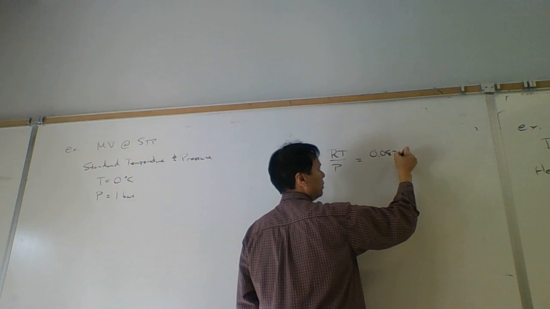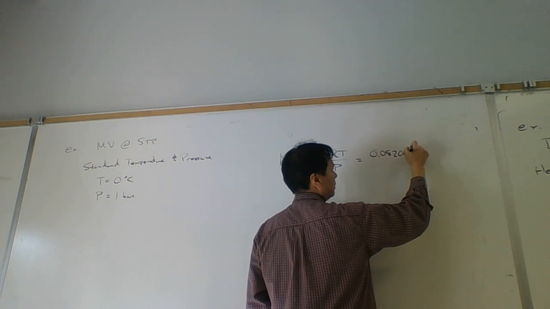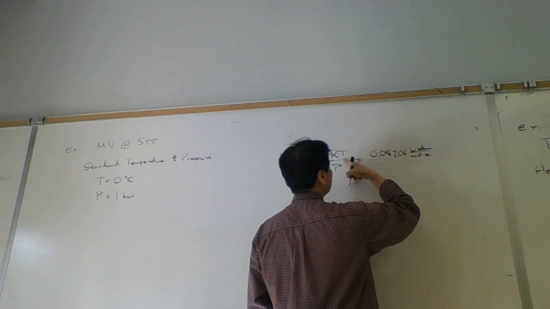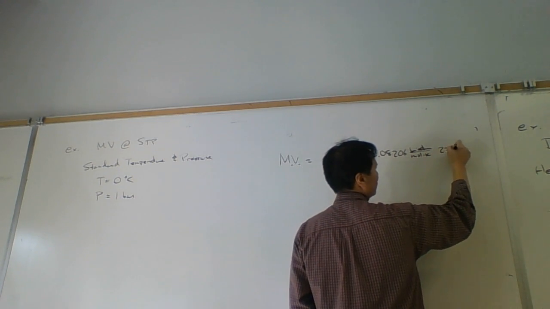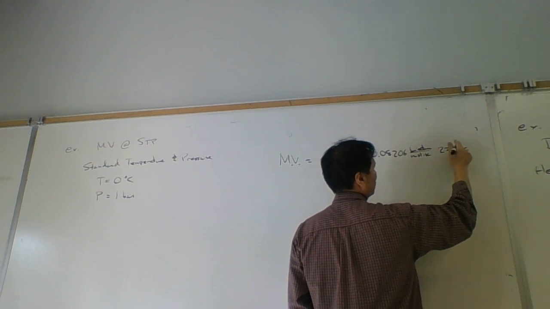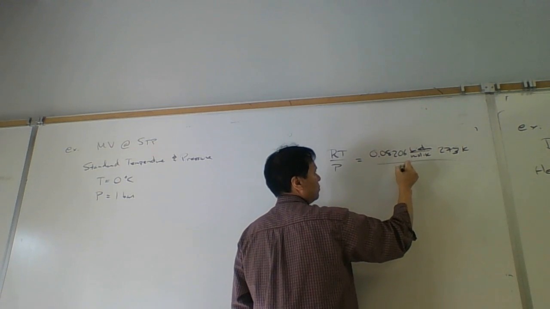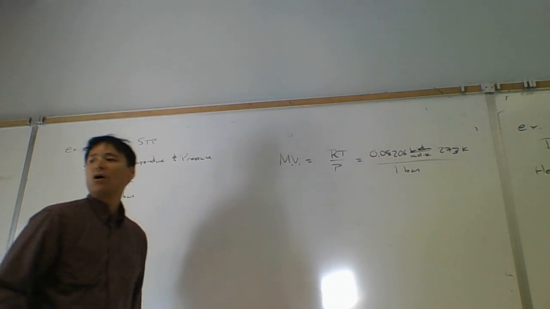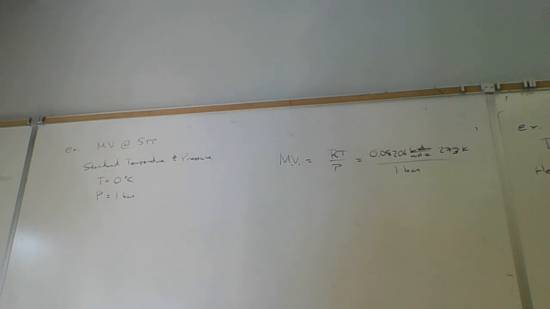So I'm going to go 0.08206 liters atmosphere per mole Kelvin. The temperature is going to be 273 Kelvin. The pressure is going to be 1 bar. Now, there's an R value that has 1 bar in there, but should we memorize that R value? No. We're just going to make sure the units work out.